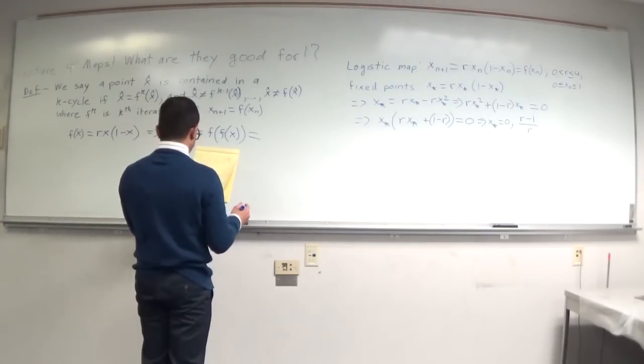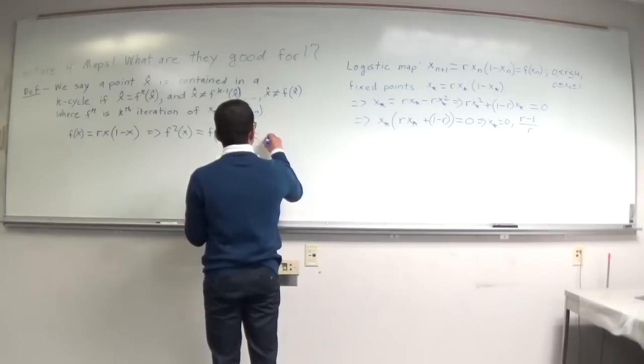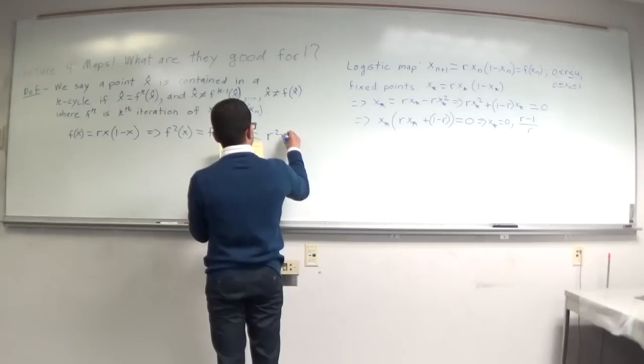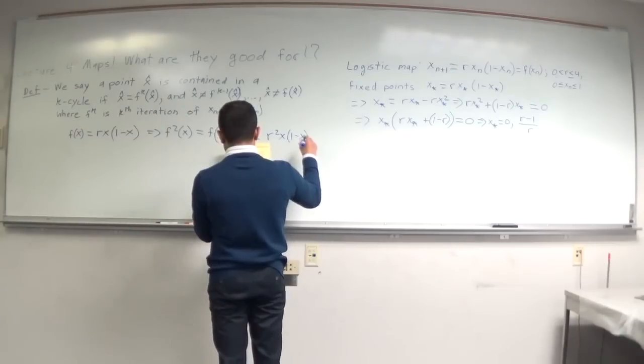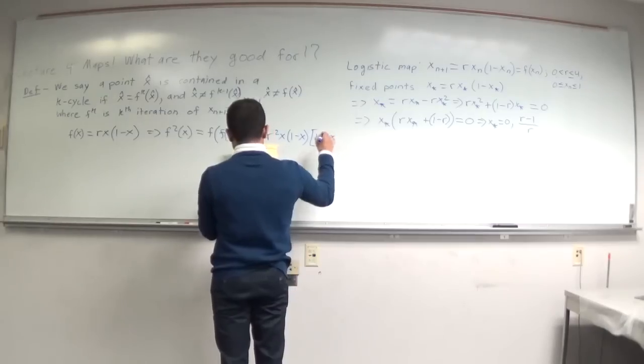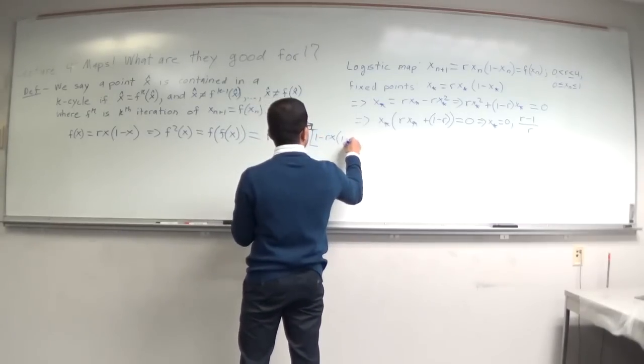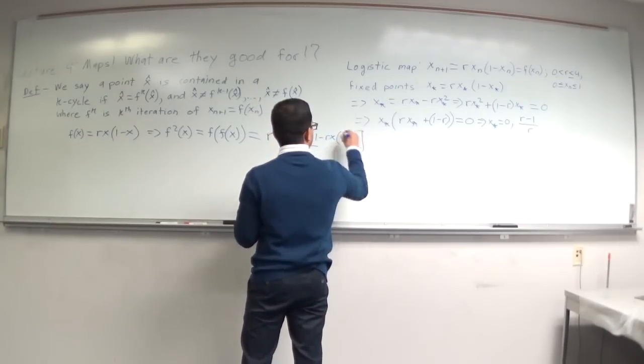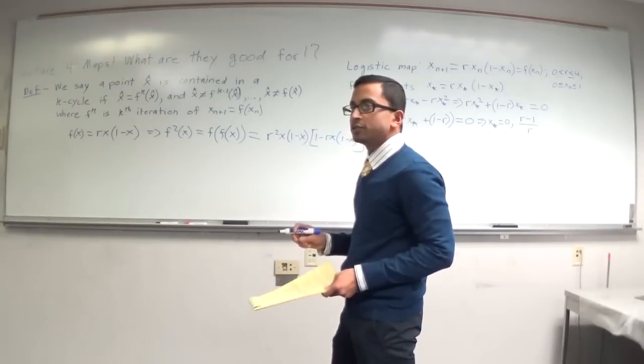So I have it written down here. r squared x times 1 minus x times 1 minus rx times 1 minus x. So that's what we get for f2 of x.